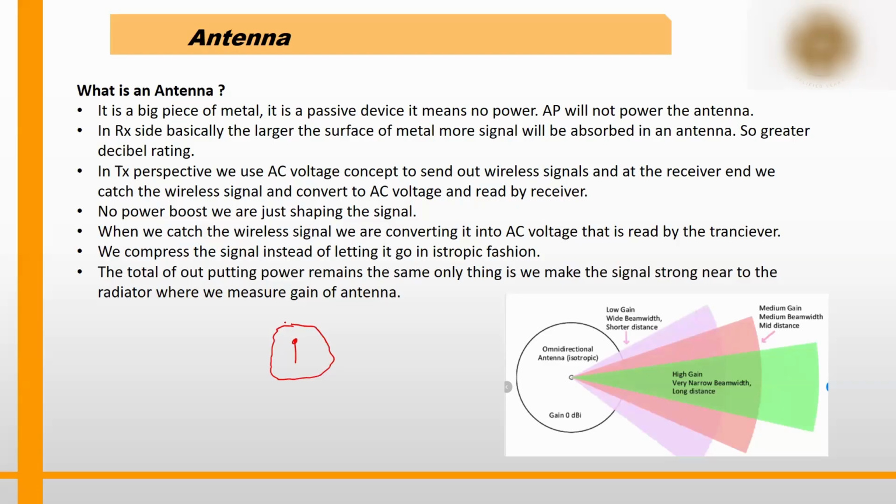And antenna gain is measured in the unit that is nothing but dBi. It is impossible to construct an isotropic antenna and it does not actually exist, but it is ideal and perfect to compare with the other types of antenna that we are going to learn today.